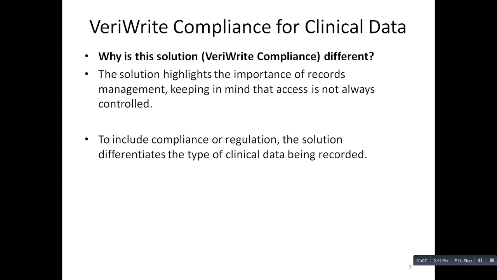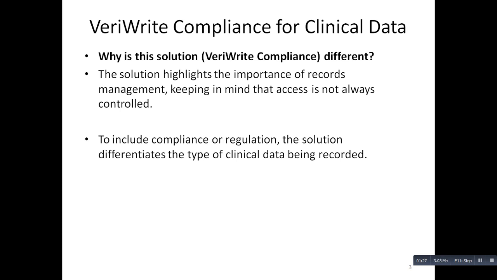When it comes to the solution and why it is different, we first say that for any records management, it's important to know that access is not always controlled and it is not done in a simple manner. So to include the compliance and regulation we speak of, the solution differentiates the type of clinical data being recorded.